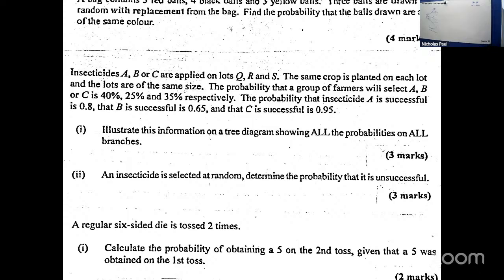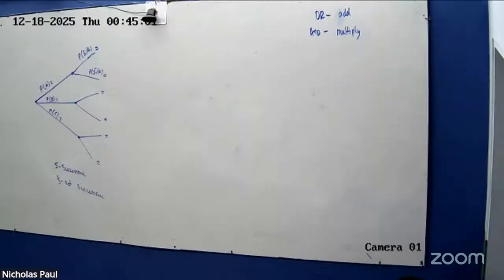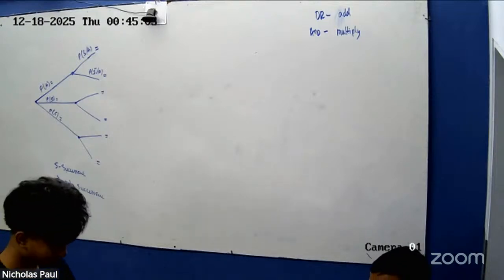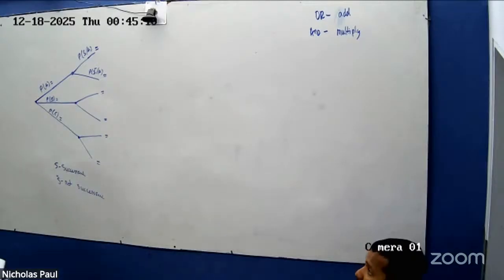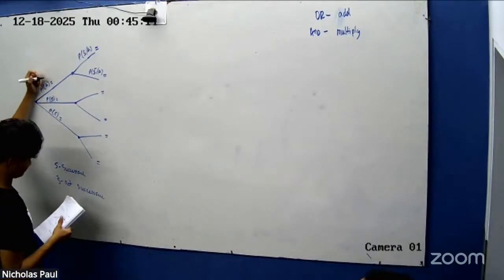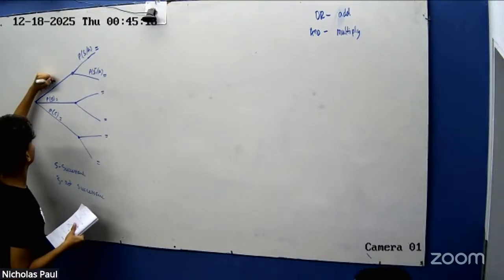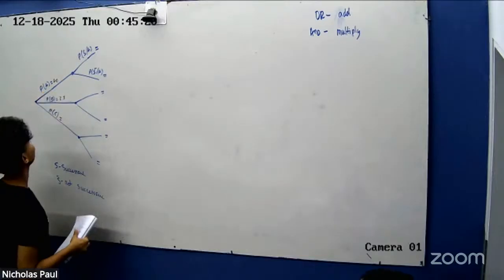Is she ready? Someone put in your values. Probability, you check it and make sure it's correct. Probability, can write 40.